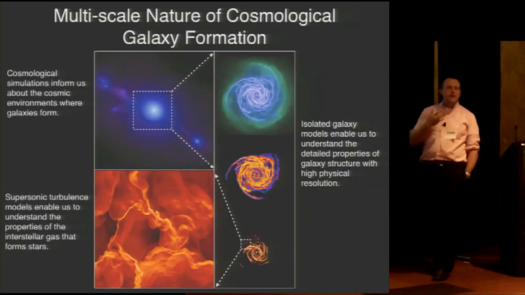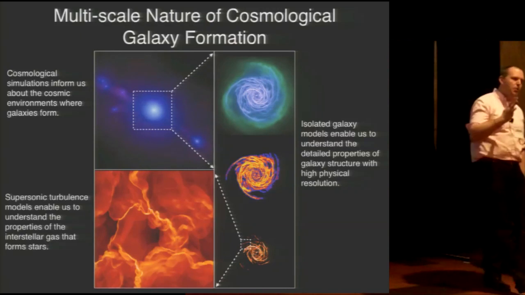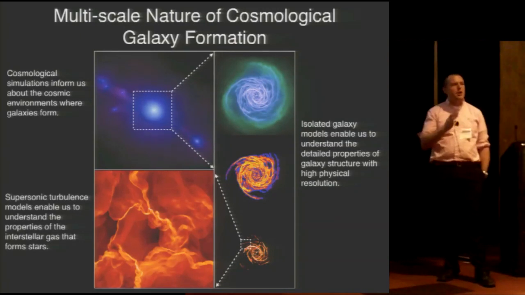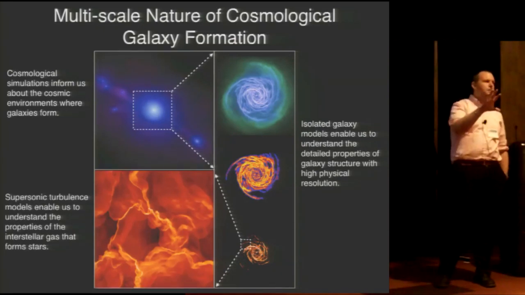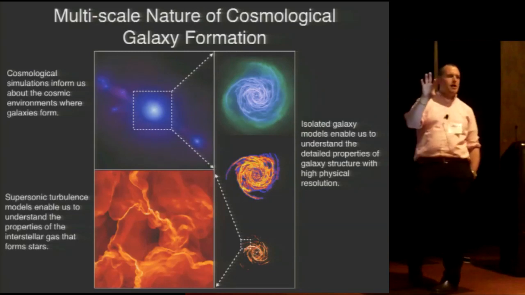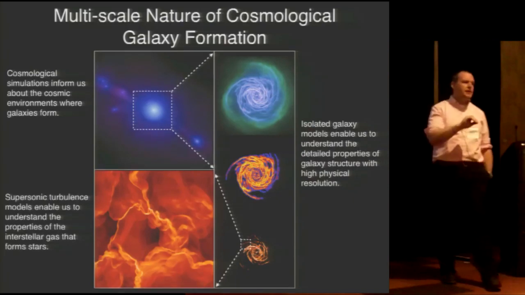And actually, galaxy formation highlights an interesting kind of meta problem in astrophysics, which is the problem of multi-scales. So we know that galaxy formation is informed by cosmological environments. That's the upper left-hand corner. You can see a cosmological simulation with gas now. This is a halo of gas forming that will form a disk galaxy.